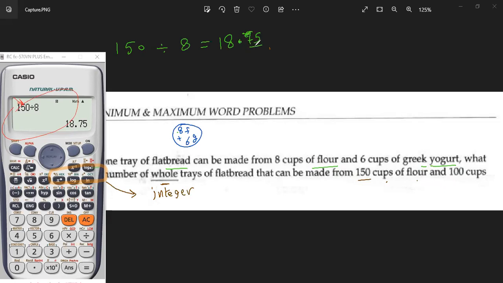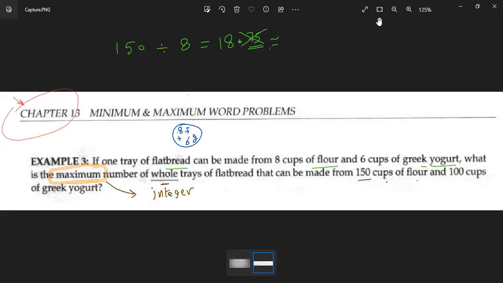But we don't use the decimal, because the decimal would make 3/4 of a bread. You understand how it comes? So 3/4 is not needed. He asked about the maximum, so the maximum amount here is 18 only.